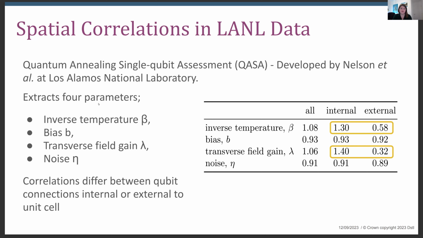In the Los Alamos case, I know that they had a 2000Q on site, because doing this single qubit assessment is really computationally expensive in terms of how many calls you have to make to the annealer. So I think they were able to do it on their own hardware.